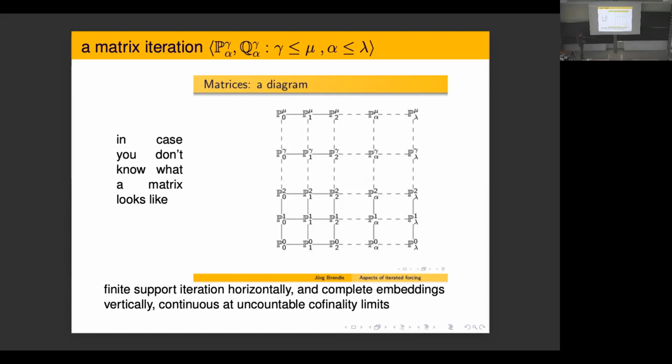In one sense they're simple, in that as you go horizontally, on a row, you're just doing a finite support iteration of ccc posets, but it's how you go up and to the right that's tricky. And it's hard to find suitable posets to use in the columns. The tricky part is that Hechler is a great example.